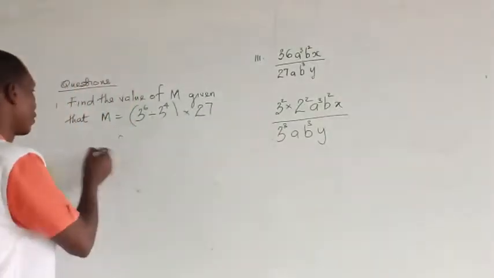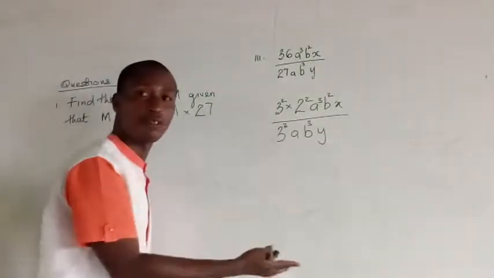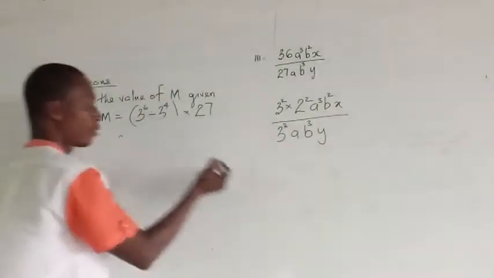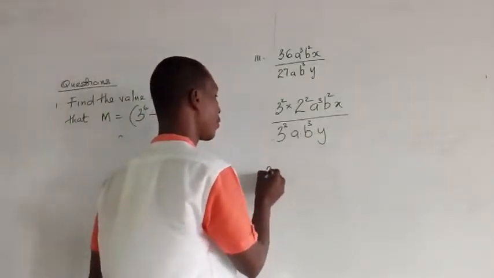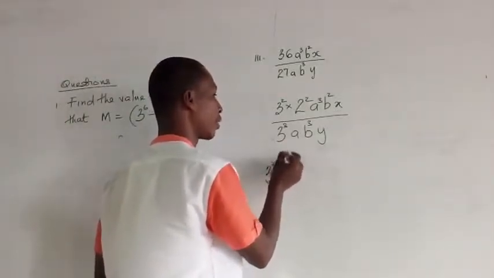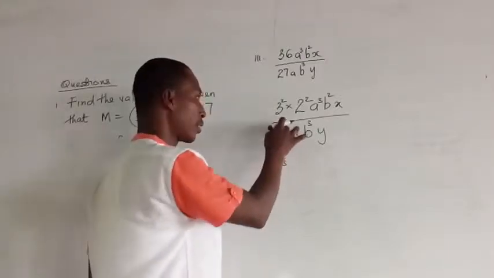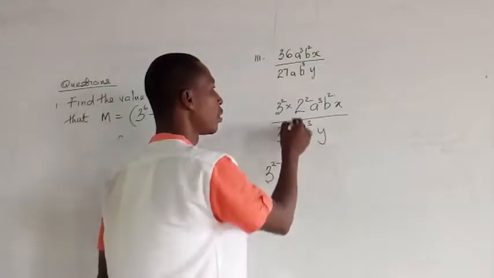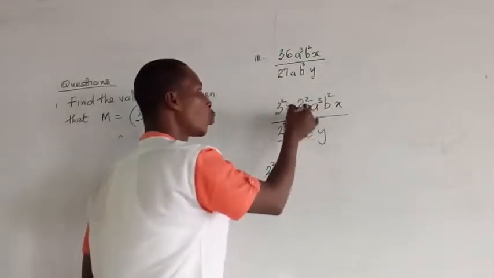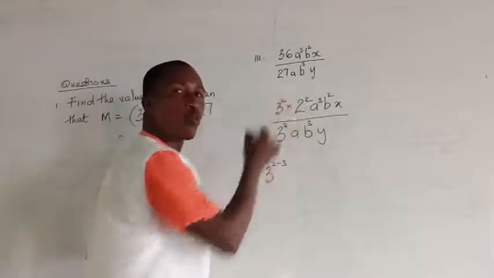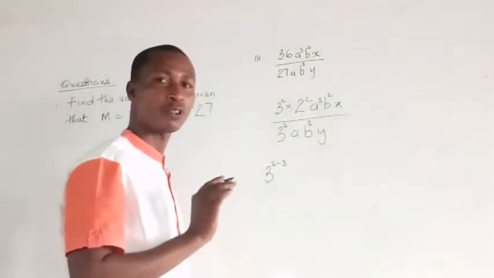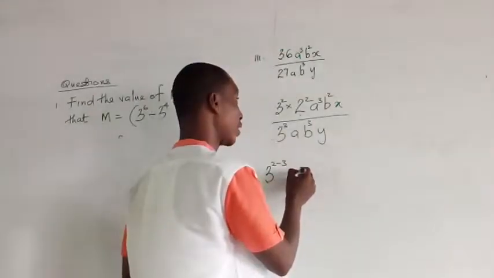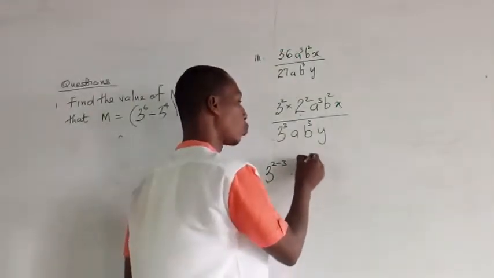So we say when we are dividing, we subtract the exponents. So this one divided by this. The first one gives me 3, 2 minus 3. Yes, this 3 is subtracting from this 2. Then there's no other base to compete with 2, so 2 has no bearing and will remain. I don't have to worry myself about it. 2 to the power 2 will come.